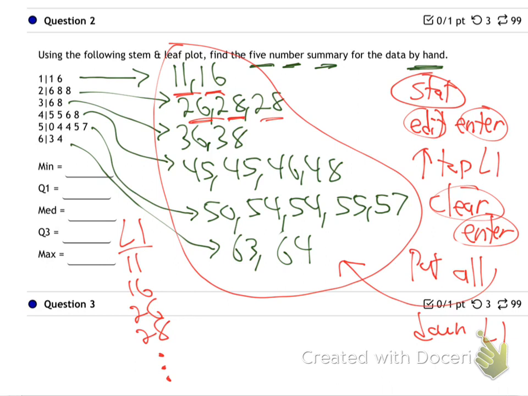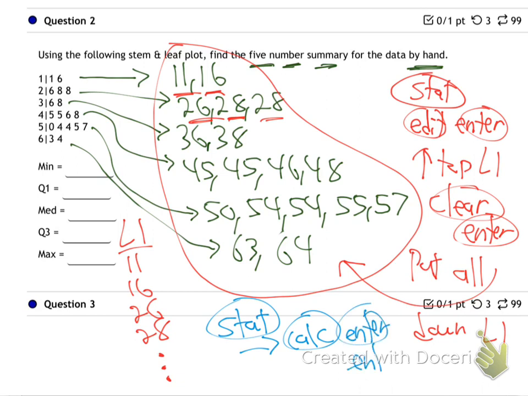All you have to hit now is Stat one more time, move over to Calculate, and hit Enter, actually twice because it asks you for something which is exactly what you want. Hit Enter twice, and all 5 of your numbers will just pop out. These 5 numbers we need, the 5-number summary, it'll crank them all out for you automatically with these button presses. So that's what we're going to do on Wednesday.